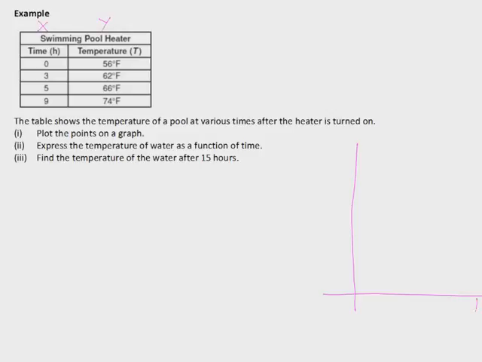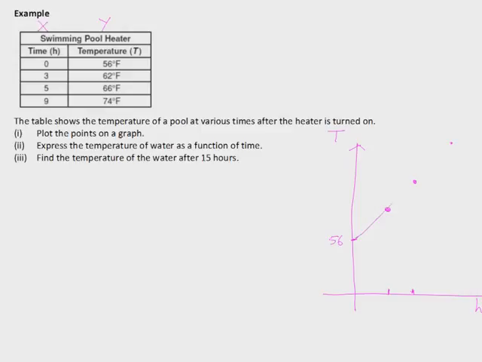So this is time in hours and this is temperature T. So time 0, let's say this is 56. At time 3, it's 62. At time 5, it's 66. And at time 9, it's 74.